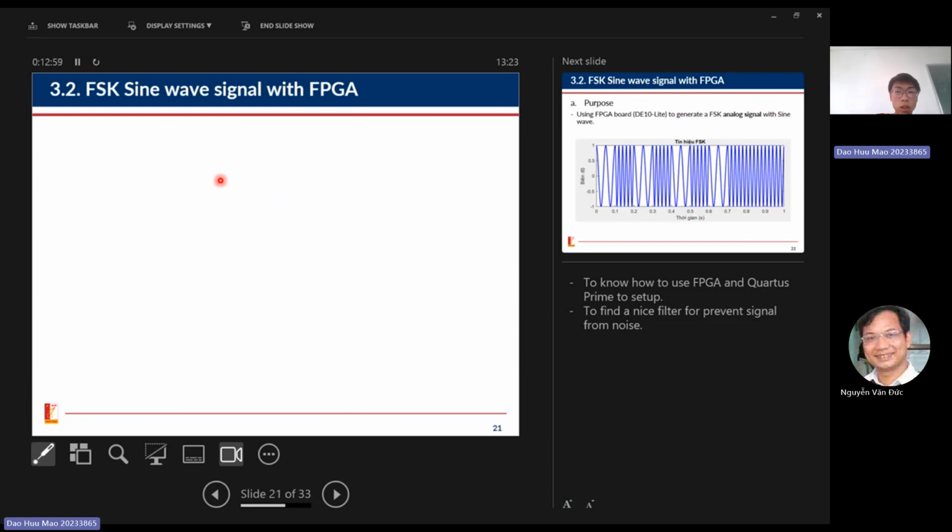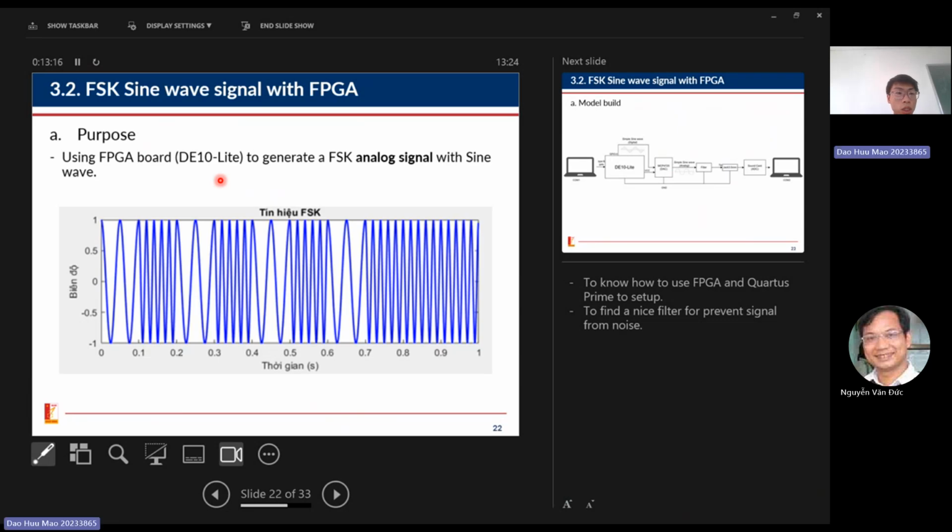So now we know how to use FPGA and what program to set up. We will come to deploying the FSK sine wave signal with FPGA. The purpose is using an FPGA board to generate an FSK analog signal with a sine wave. The signal should be like what we simulated in MATLAB.